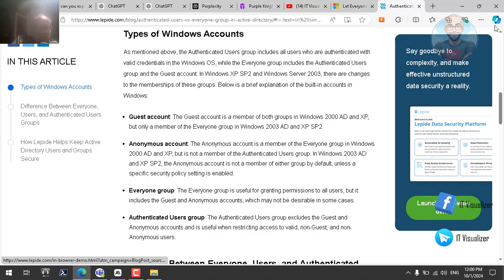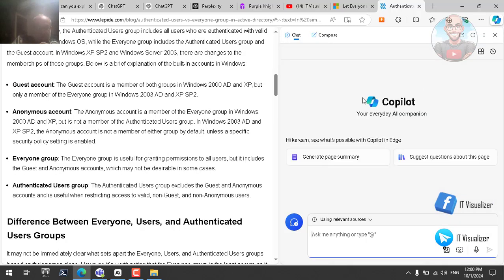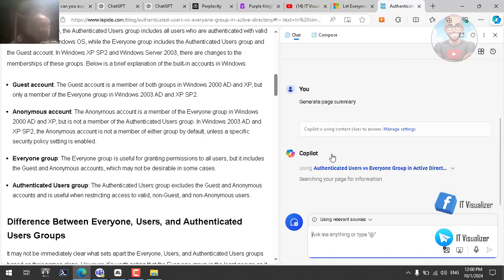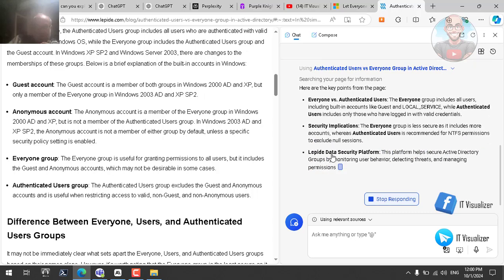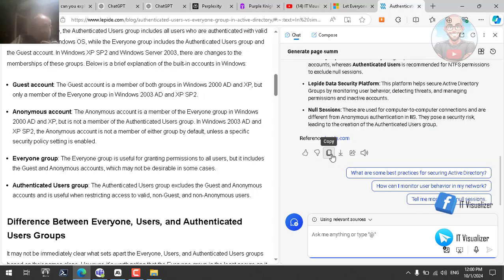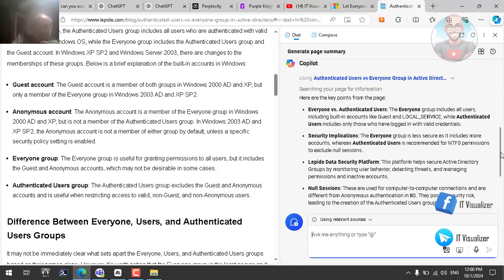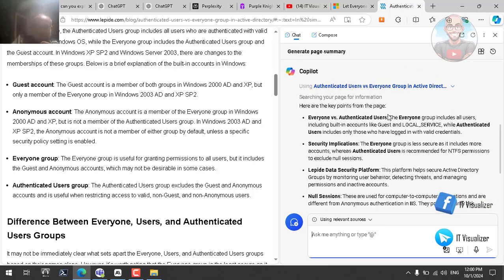Let's see if we can get a little bit of summarization for this page. So if we go further and see this one, Everyone versus authenticated users. The Everyone group includes all users, including built-in accounts like guest and local service, while authenticated users include only those who have logged in with valid credentials.